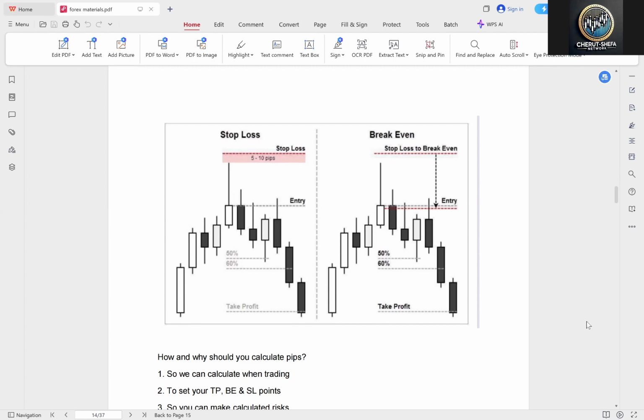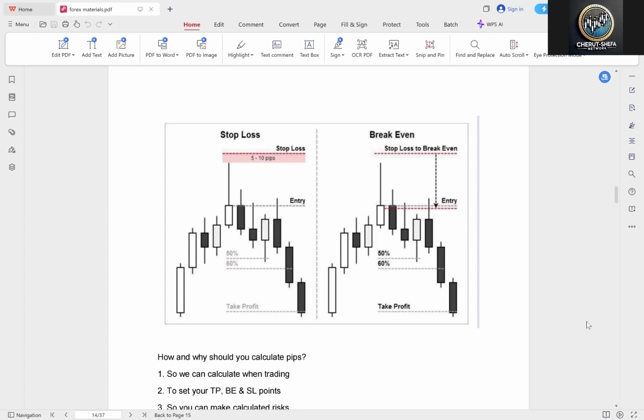So when you move your stop loss to the entry, above the entry, you have actually set a break even. So peradventure, the trade begins to reverse, the worst thing that would happen is that it will close the trade at almost zero or little profit.